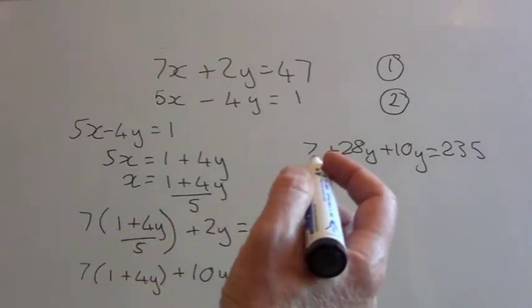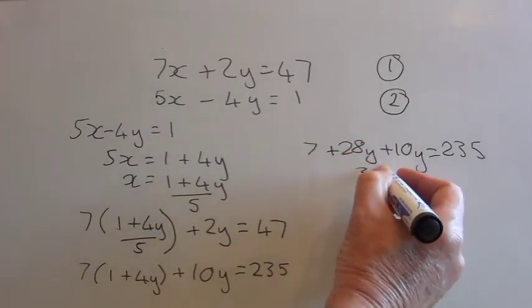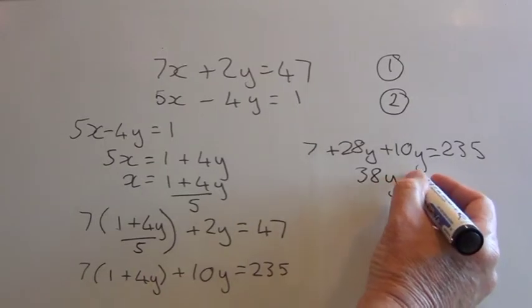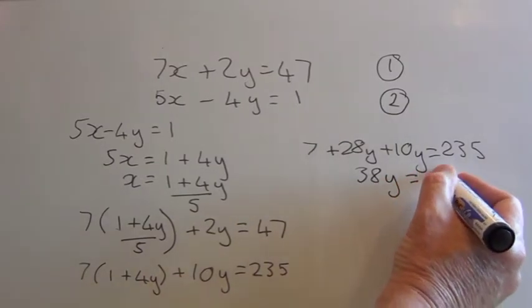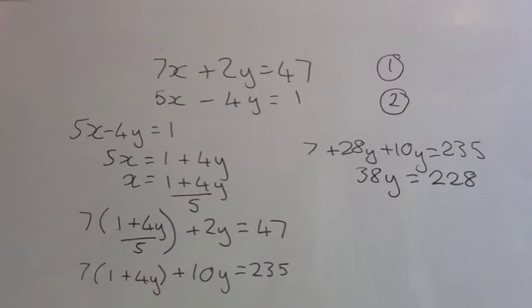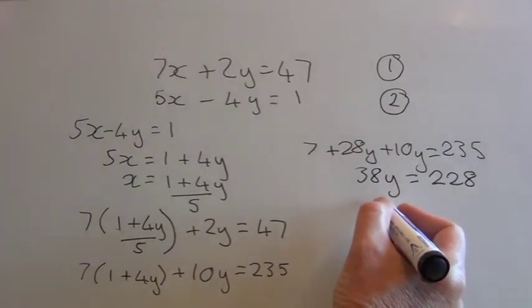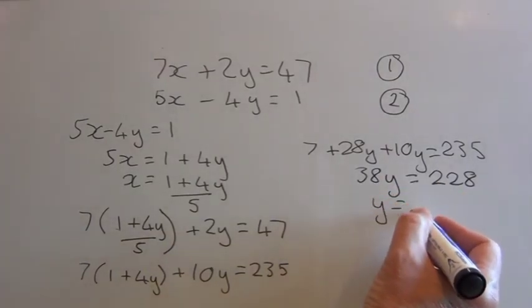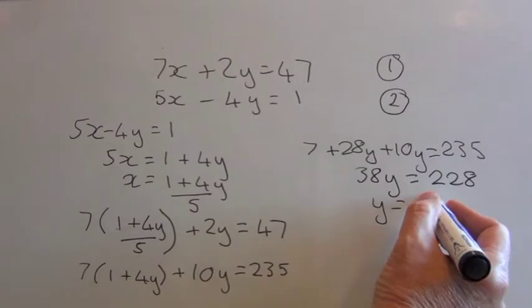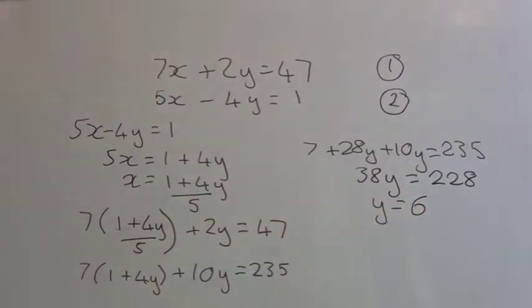So this gives 38y equals 228. So now dividing through by 38, we get y equals 6. So we've established that y equals 6. Now having done this, we can substitute it back into the equation that we first had for x.